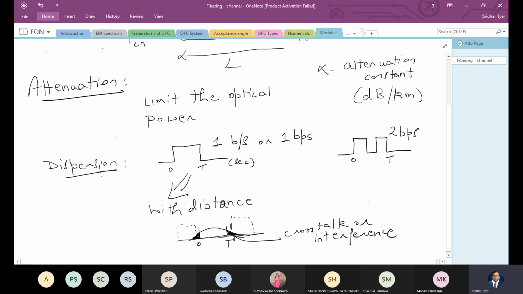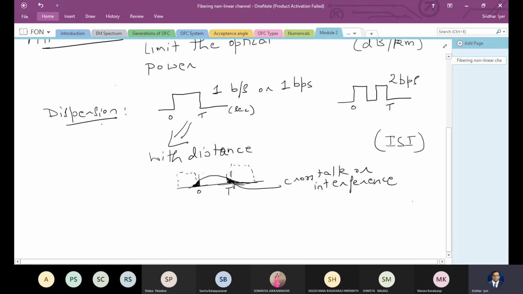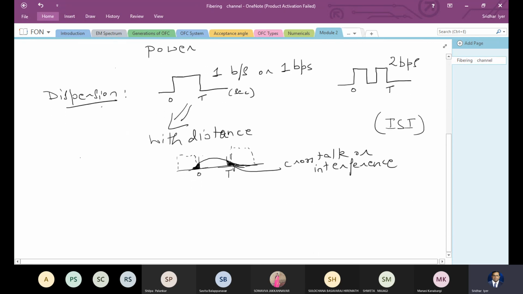You would have studied this as inter-symbol interference, or in short ISI. That means 2 bits, 2 symbols, are going to start having crosstalk with each other, right? So not a good thing. What is the solution? Very instant solution. Any engineer will give you.